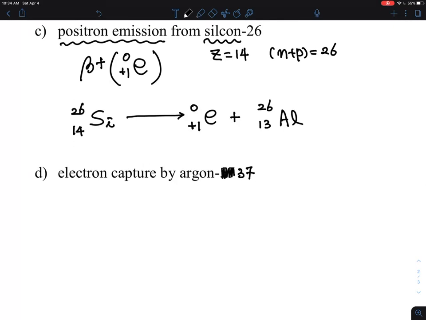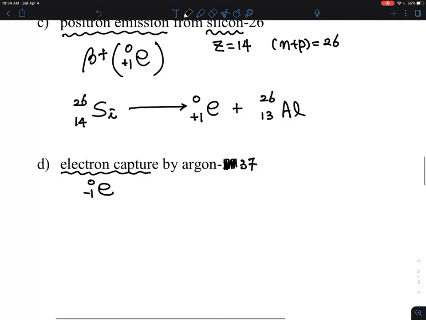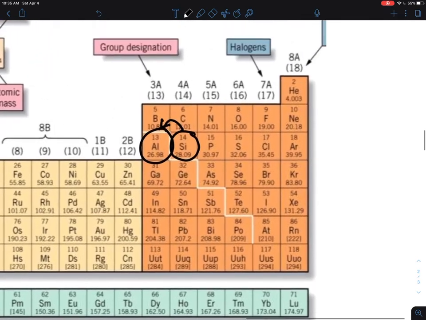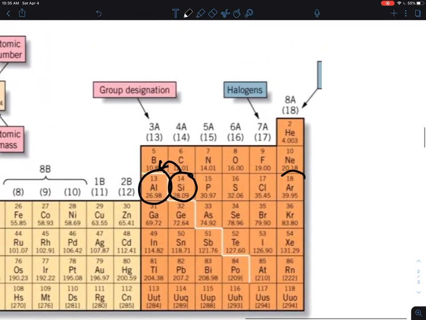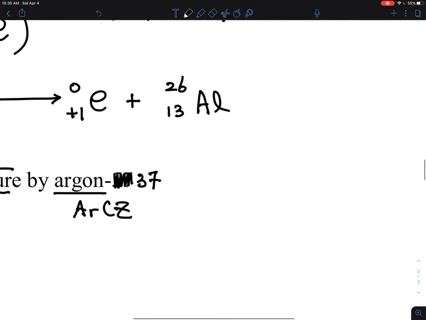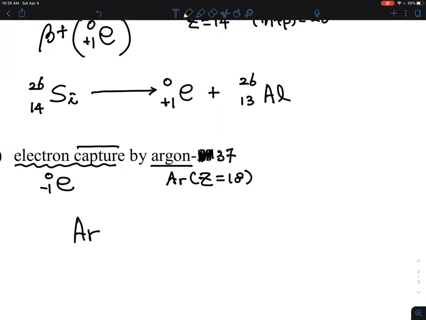So the last one is what is called the electron capture. So this says electron, no mass, -1. But capture means you put the argon, Ar. What is my Z number for argon? I know argon is a noble gas. That's right. Here is argon, which is 18. So argon 18, and N plus P is 37.